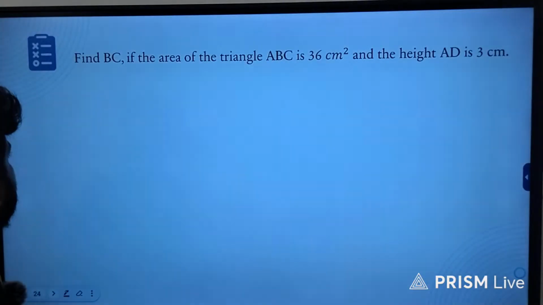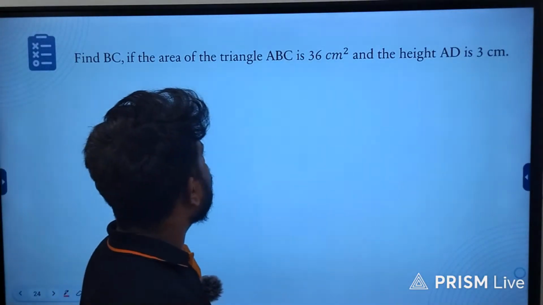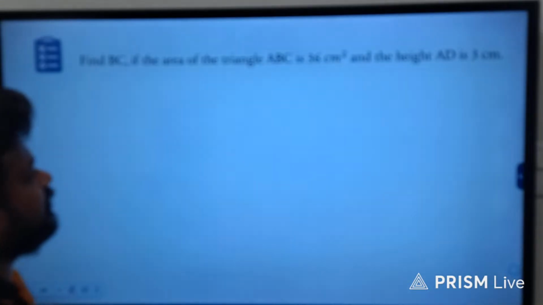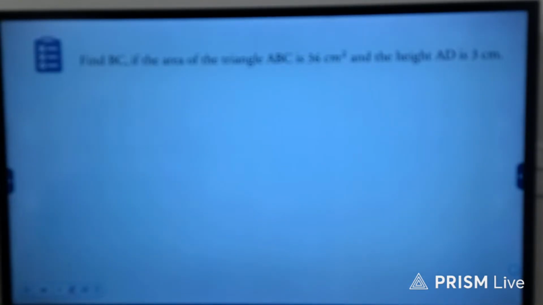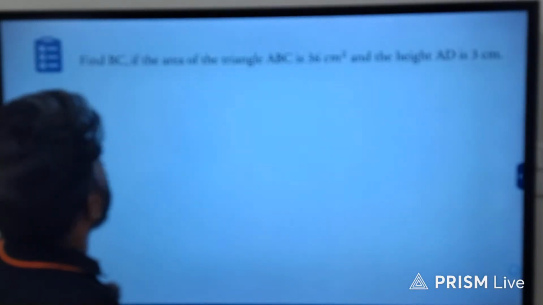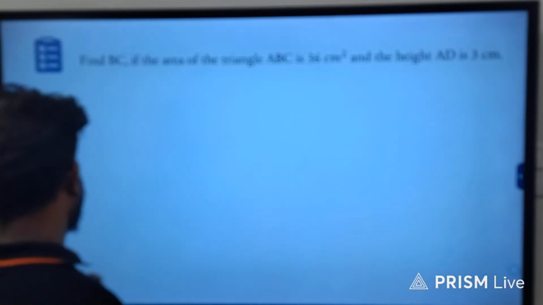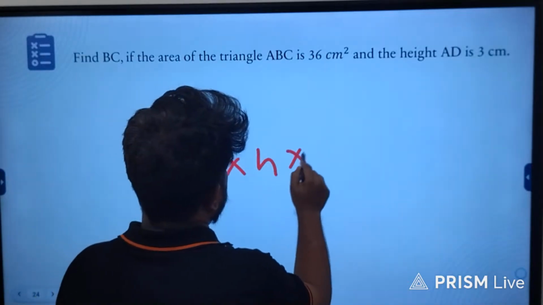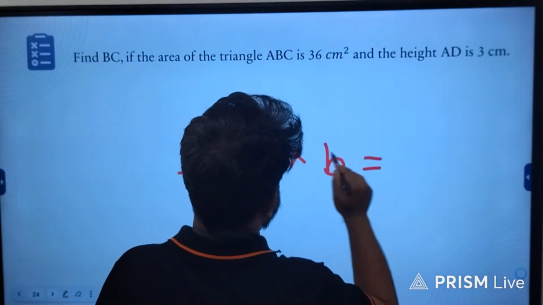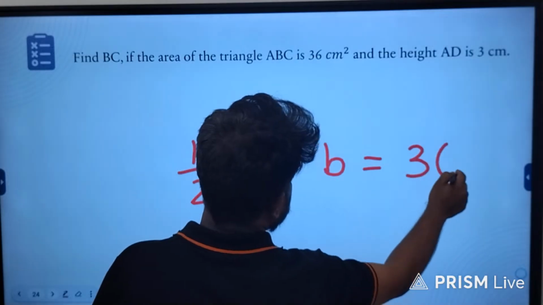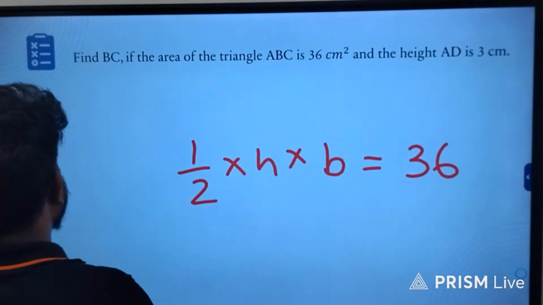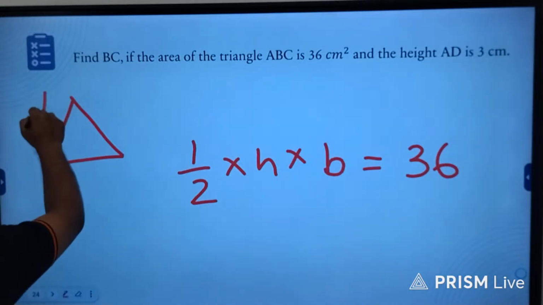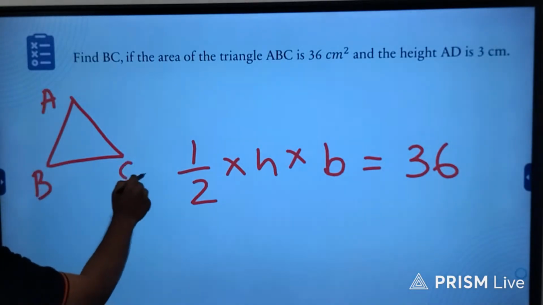So let us go further. Find BC if the area of triangle ABC is 36 centimeter square and the height is 3 centimeter. Okay, so to find BC, half into height into base is the area, which is given as 36, and if ABC is a triangle, then BC will be the base.